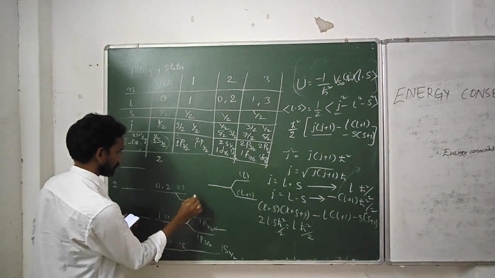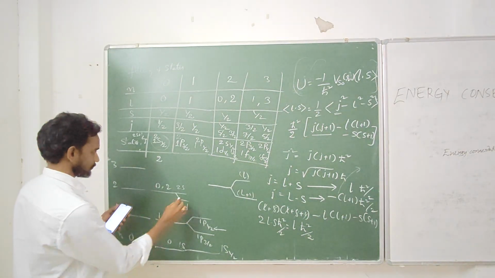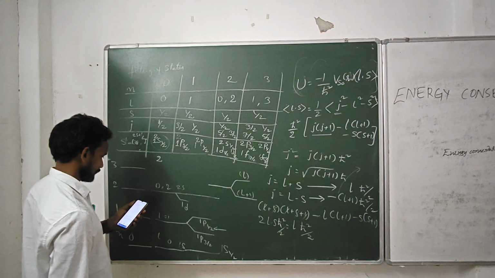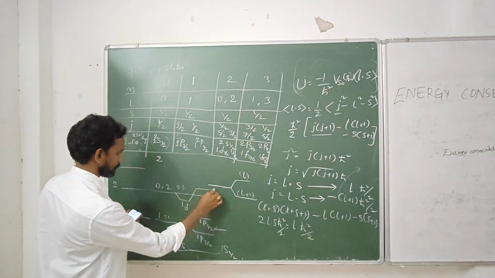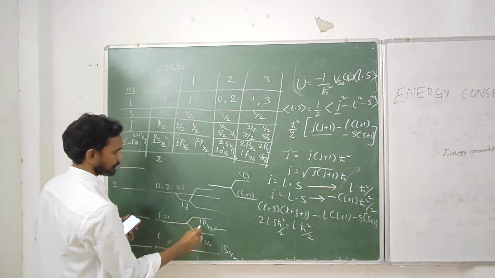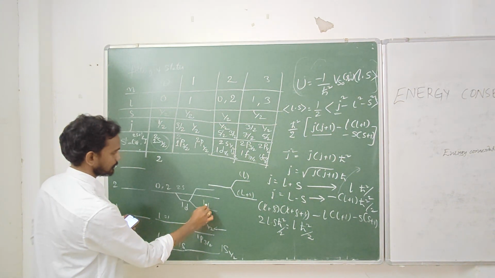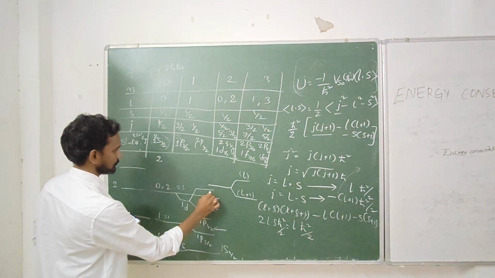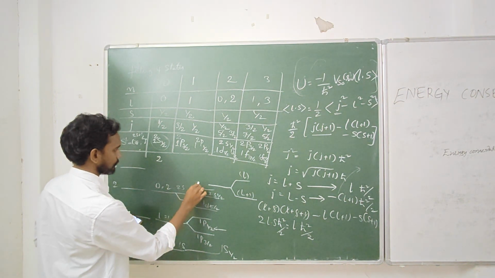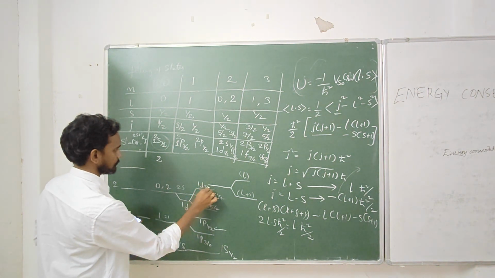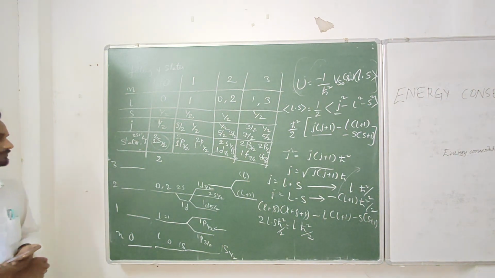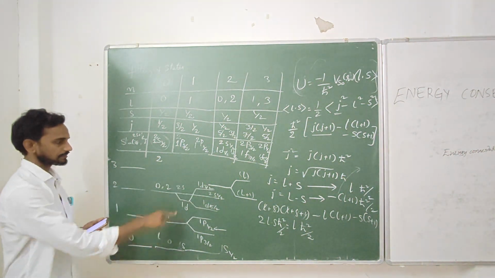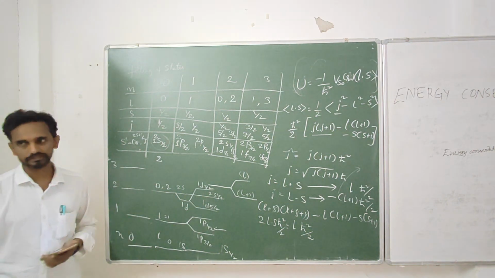So this 2s will remain as it is, and 1d energy level will split into 2, and out of that 1d 5 by 2 will be here, 1d 3 by 2. This is adding up, it will rise, and 2s level remains intact.